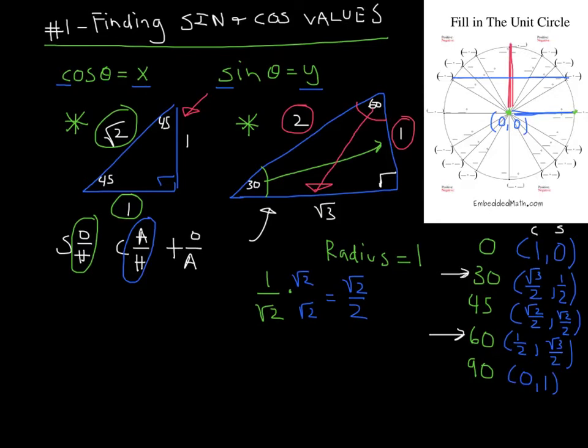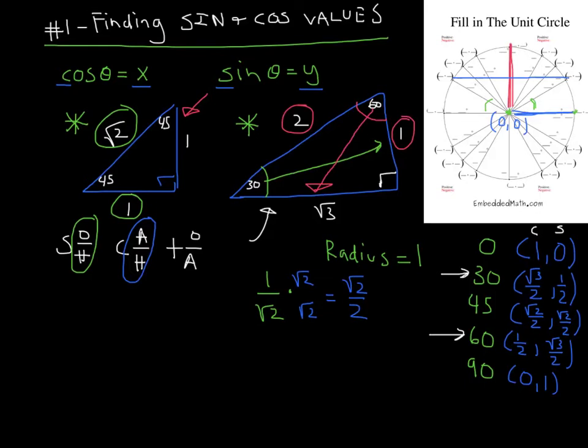It's going to be 150 because if you notice, this first angle is rotated 30 degrees above the x-axis. So if you rotate 30 degrees on the other side above the x-axis, that's going to be 180 minus 30, which gets you to 150.